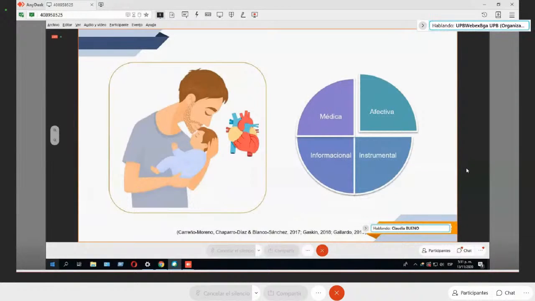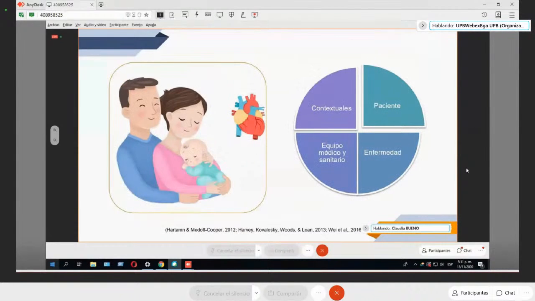In the carer, this implies a series of demands that are related to implicit elements in the psychology and at the individual level that we need to consider from the healthcare team and from the psychology team to be able to approach in a proper manner the carer, and also to increase in the carer the adherence to the treatment, which will ultimately give a better outcome for the child or the patient in this case.